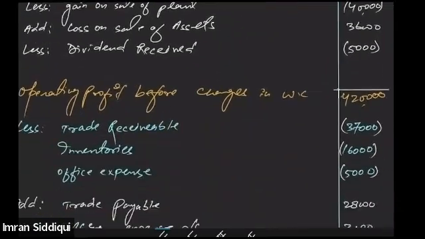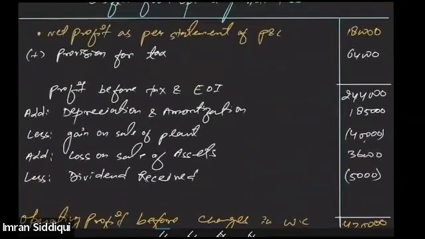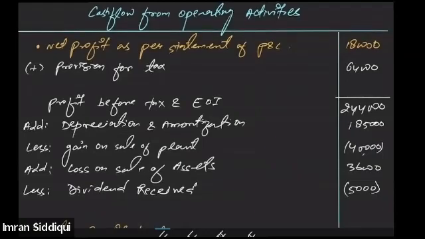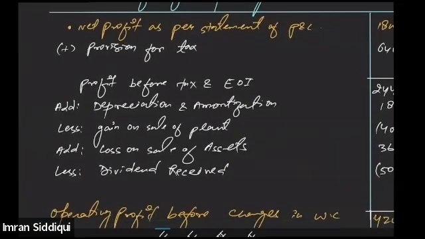But if the question is asking you to find out the operating profit before changes in working capital, or only the profit before tax and extraordinary items, then in that case it needs to be subtracted. It is not necessarily that the question will be put up in a manner that you have to find out the cash flow from operating activity.